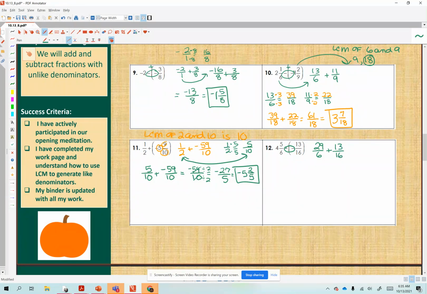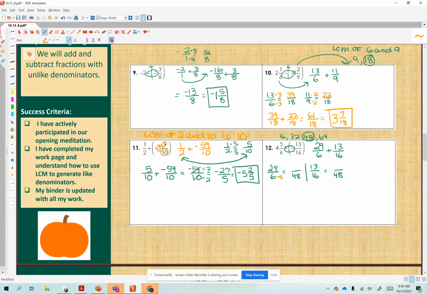We're going to need a fairly large denominator to accomplish this task. So the multiples of 16 are 16, 32, 48, and 64. Well, 48 is also a multiple of 6. So we're going to convert our denominators to 48ths. So 29 over 6 to 48ths, and 13 over 16 to 48ths.